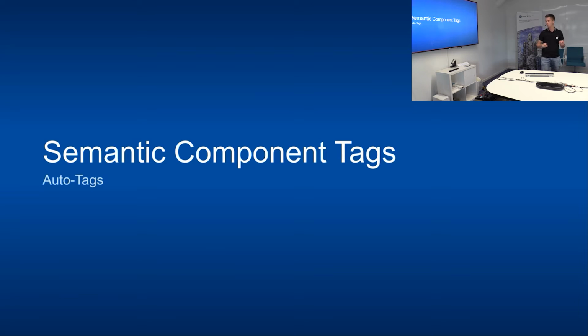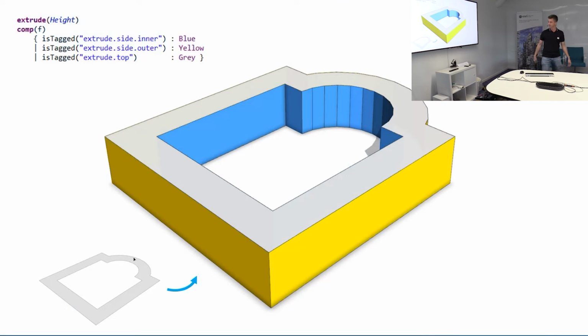And this is in the form of tags that are stored directly on the geometry component. So let me show you. For example, here you would have started at the bottom with this 2D footprint and extruded it. You see the code on top. And now the extrude will automatically add certain semantic information on top of the geometry that you can access when you do your component split.